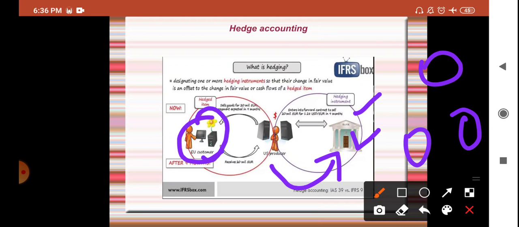If there is a variation in the fair value, you can enter the contract with one or two hedging instruments, and you can save the money from the hedging process. This is called hedging and hedge accounting.